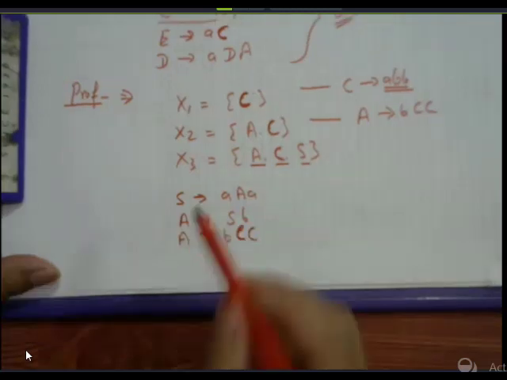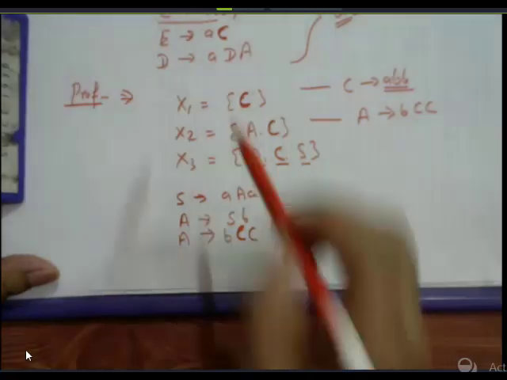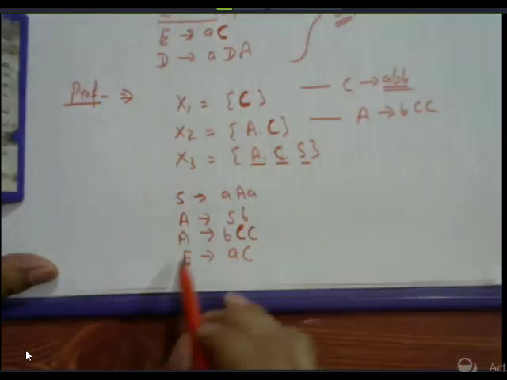And again, if E tends to AC, that is not valid, because the right hand side is C, but E is not in the production rule. Then this is not valid. You can derive the C. Then we can add E in the production rules also. Again there are symbols on the right hand side which can produce the correct results.